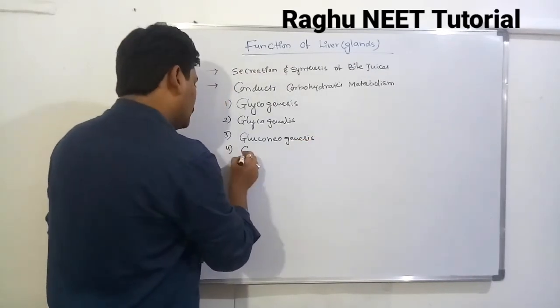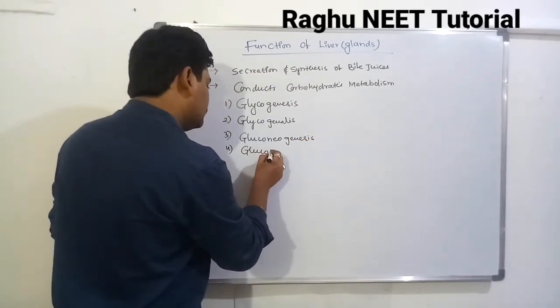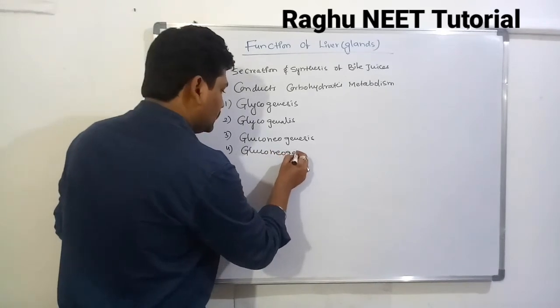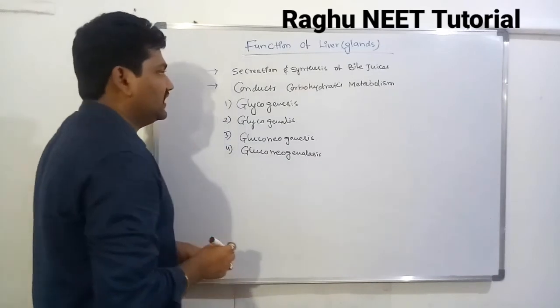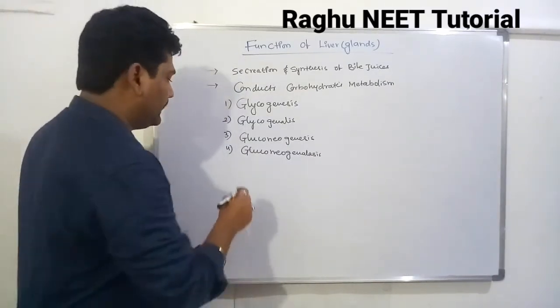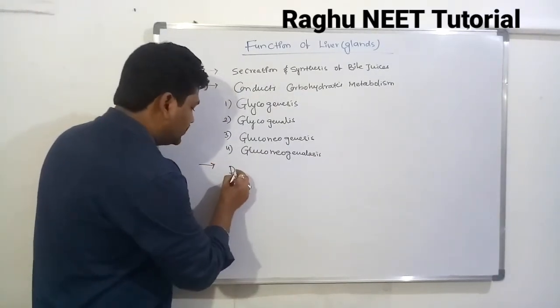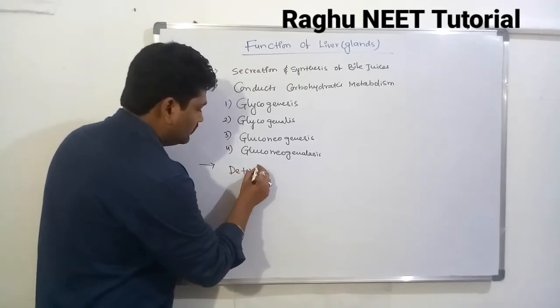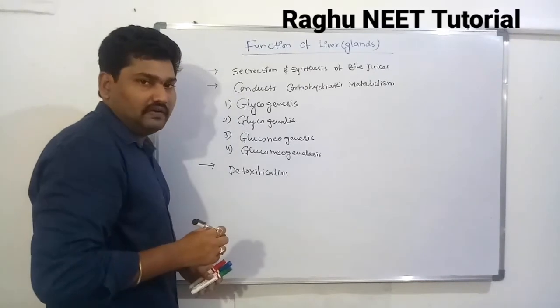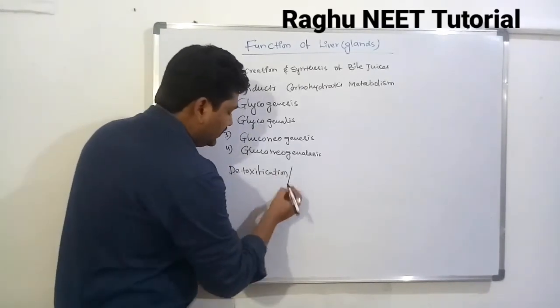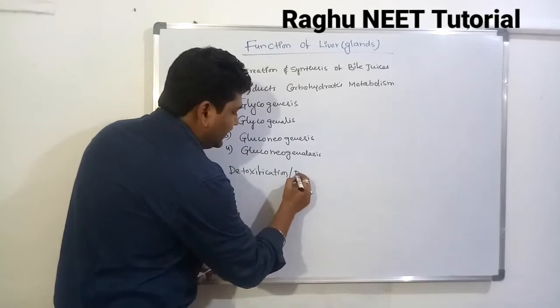The fourth one, gluconeogenolysis. These are carbohydrate metabolism. And next one, detoxification and removing of toxic material from our body.